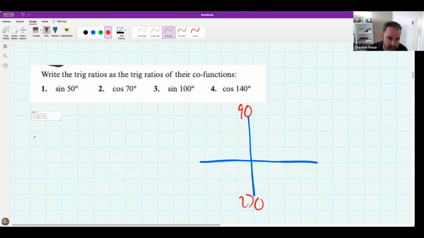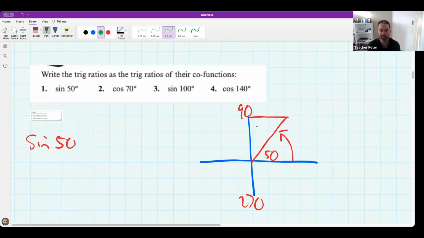So if you take sine of 50, how far away is it from the nearest vertical axis? If this thing is 50, how far away are you from the nearest vertical axis, which is 90? How far away are you? Okay, so you're just 40.